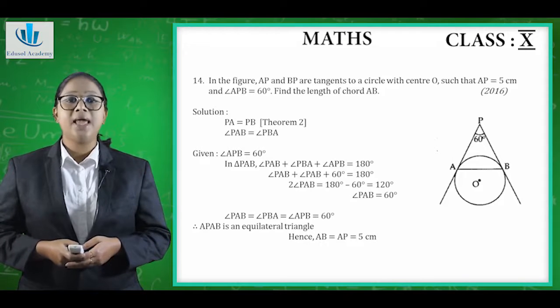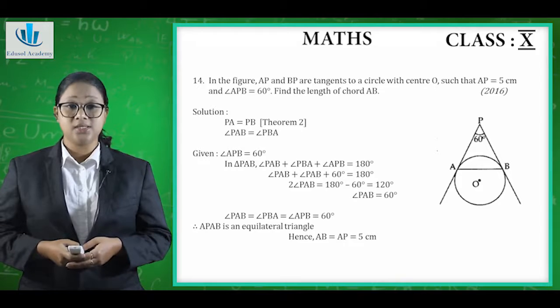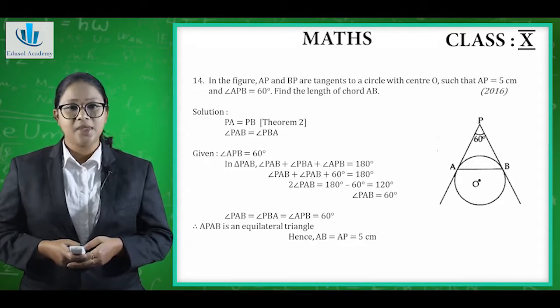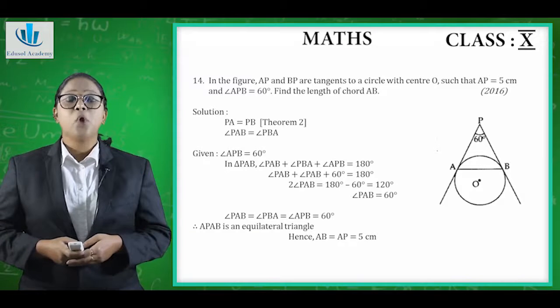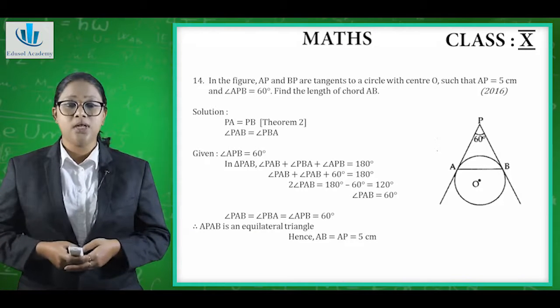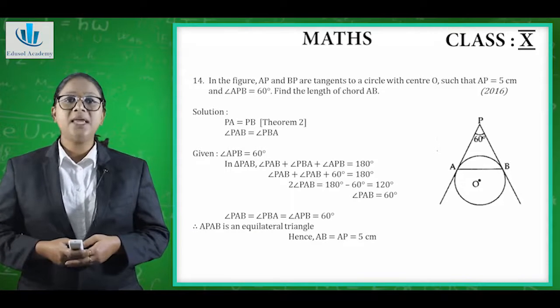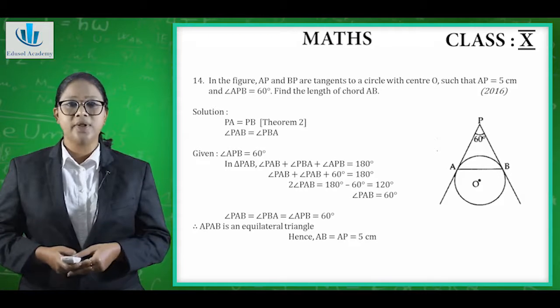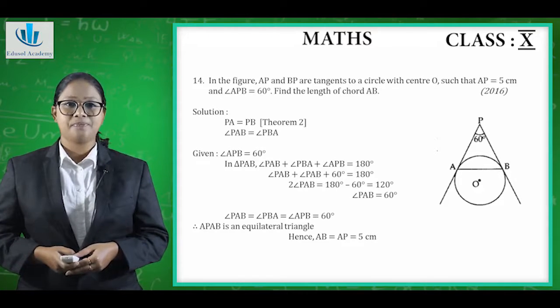So upon applying angle sum property and simplifying, we will get angle PAB is equal to angle PBA is equal to 60 degree. So all the three angles of a triangle are 60 degree, which means that the triangle is an equilateral triangle. So in an equilateral triangle, all the sides are again equal. So we can say that AB is also 5 centimeter. So the length of chord is equal to 5 centimeter.